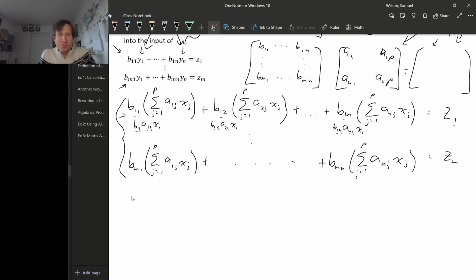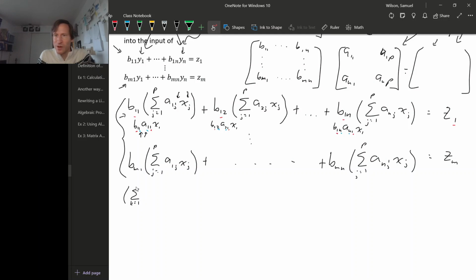So this first term is the sum. I'm not going to use j, because j is the sum that indexes these two positions. I need a new variable because I'm indexing these two positions, so I'm going to use k.